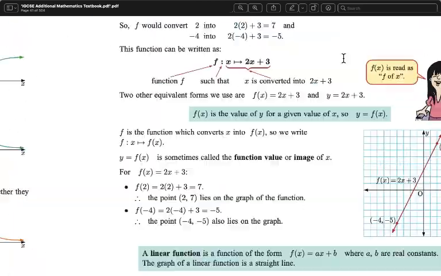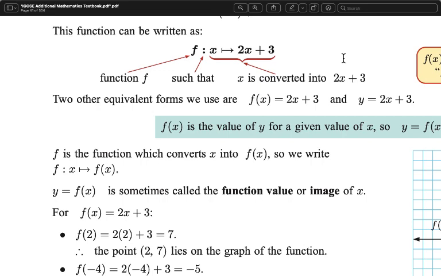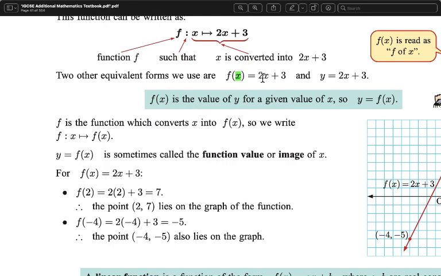So for this function, let's see how to notate it first. This means that for f, x is mapped onto 2x plus 3, which means for the value of x given in the equation, a value of y will be obtained.